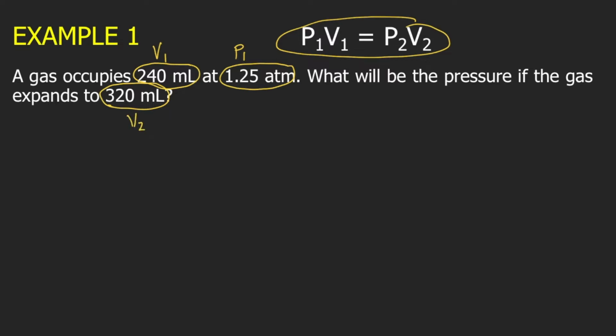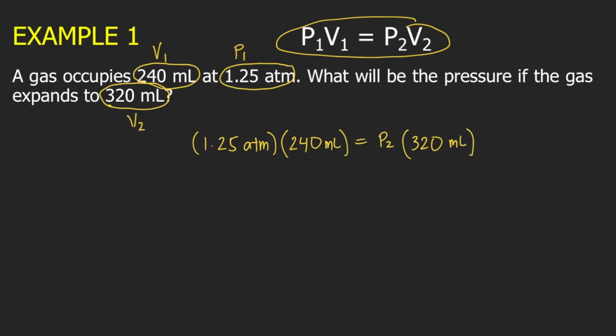Let's substitute these numbers in the equation. P1 is 1.25 atm. V1 is 240 ml. That is equal to P2, which is unknown, times V2, which is 320 ml.